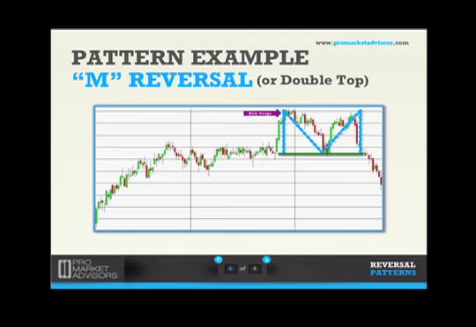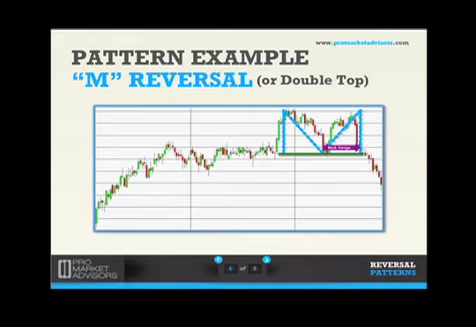Also, we don't need perfect symmetry between this side of the M and this side of the M, but we do like to see some level of symmetry. And what I mean by that is, if from here to here is about 2 weeks, then we like to see from here to here be about 2 weeks.